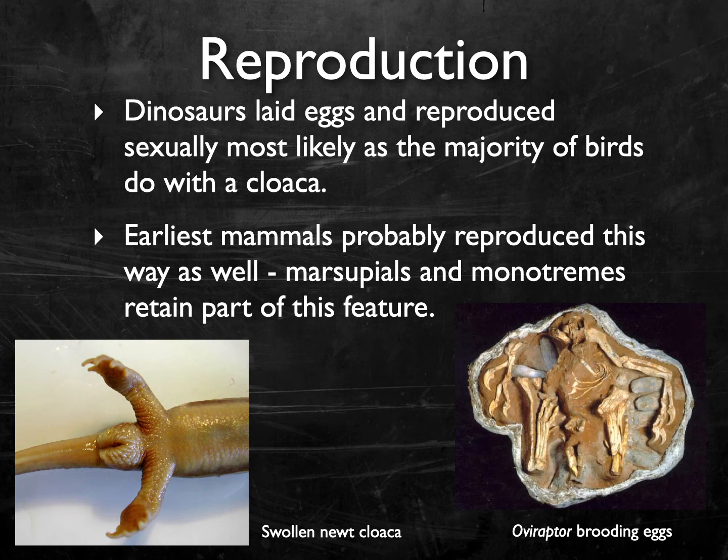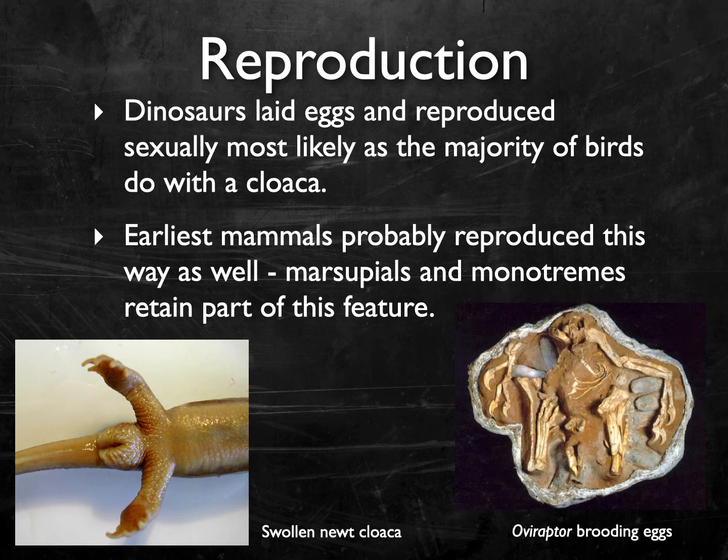And we've got some interesting examples of this because, for instance, marsupials and monotremes, like the duck-billed platypus or the kangaroo, these things retain parts of that feature in a way. In fact, some of them lay eggs, right? The monotremes lay eggs. The duck-billed platypus, the spiny anteater, they're mammals that actually lay eggs, like we think most of the dinosaurs probably did.